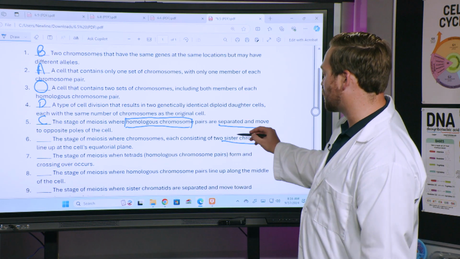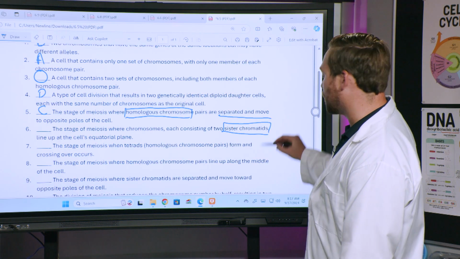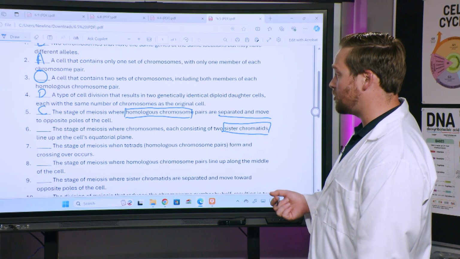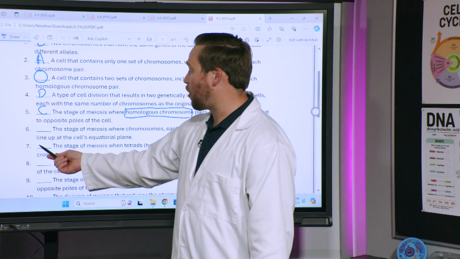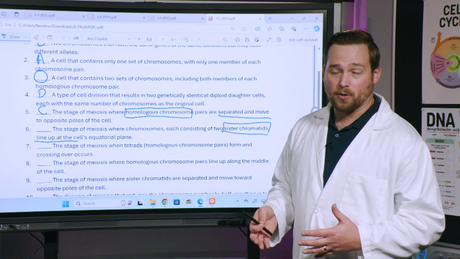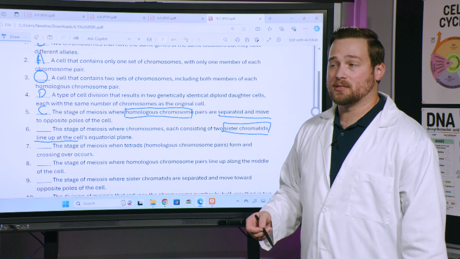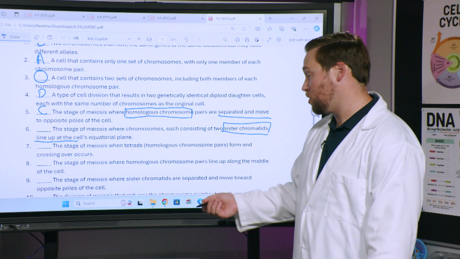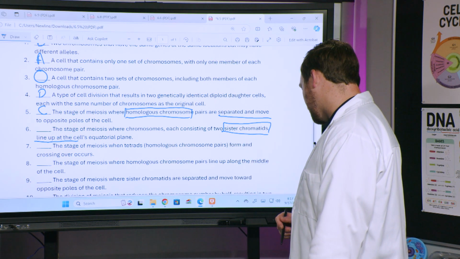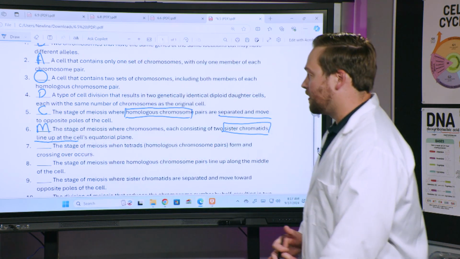So I just told y'all, if it has the words sister chromatids, it's going to be meiosis 2. We just have to figure out what part of PMAT lines up in the middle. That's metaphase, right? And because it's talking about sister chromatids, it's going to be metaphase 2. So 6 is metaphase 2, which is going to be letter M, okay? M for metaphase. All right, let's keep it going.